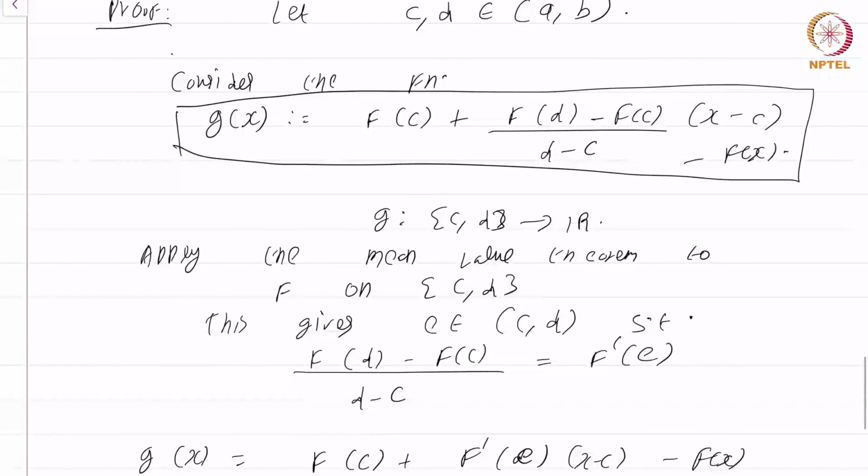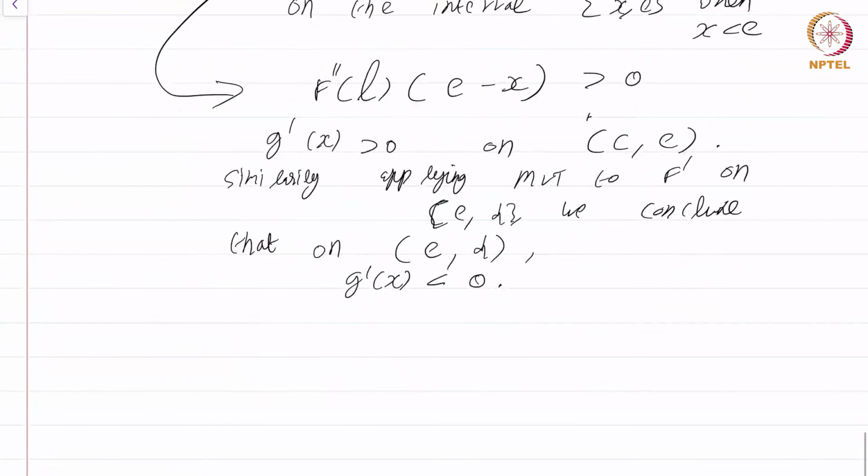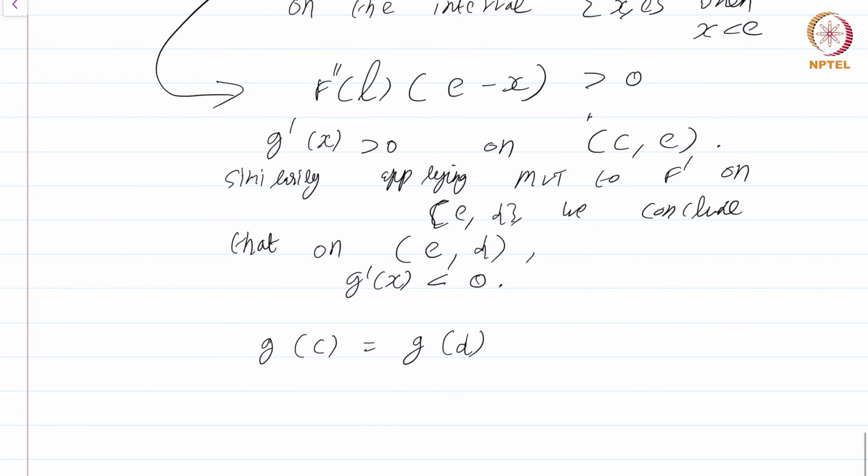Let's go back and refresh our memories as to what this function g is. Observe that at the point x equal to c, you get 0, and at the point x equal to d, you get 0 yet again. Please check that. So g(c) is equal to g(d) is equal to 0.